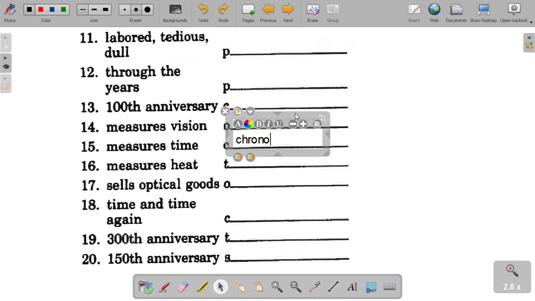Right. So it would be a chronometer. There you go. Measures heat. Thermometer. Right. Of course, we say thermometer, but the actual word is from thermo plus meter. So, someone who sells optical goods or for your eyes? Optometrist. Good. And then time and time again, something that happens all the time. So what's the root for time?